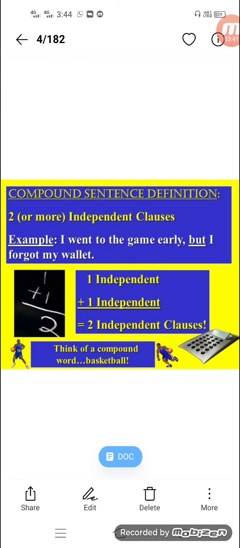Okay, he is poor, but he helped the students. Here both independent sentences can be combined together by a coordinating conjunction that is called but.